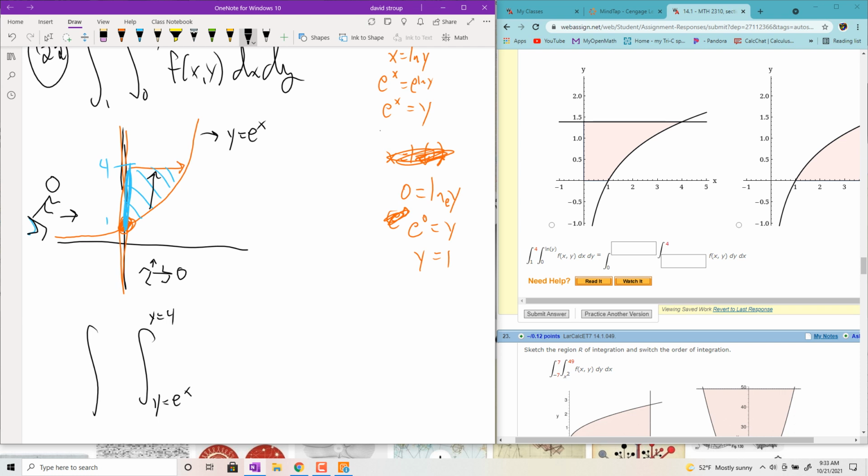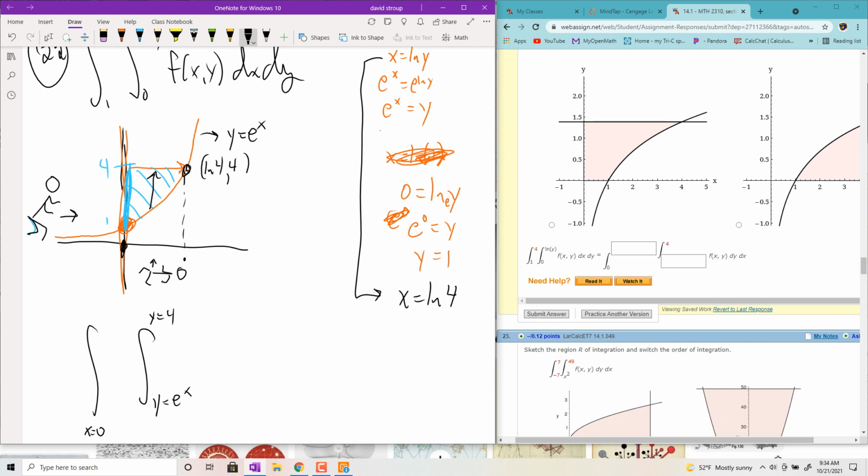And on the outer integral, we're going to be going from x equals 0, apparently, right here to whatever this point is here. And we know the y coordinate there is 4. We just have to figure out the x coordinate. Okay, so you can go to your formula. So x must equal the ln of 4 right here.